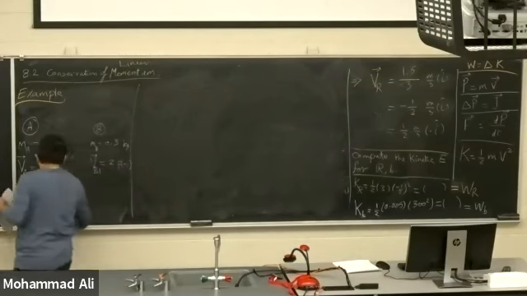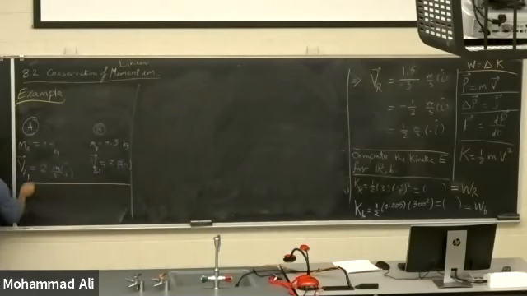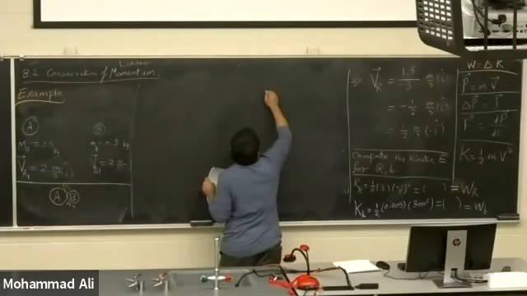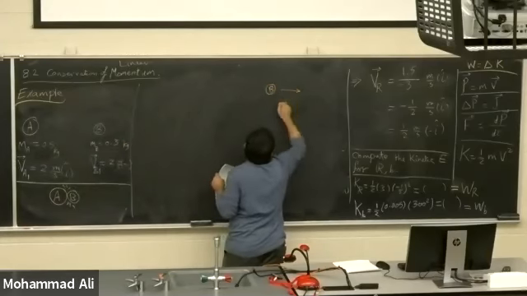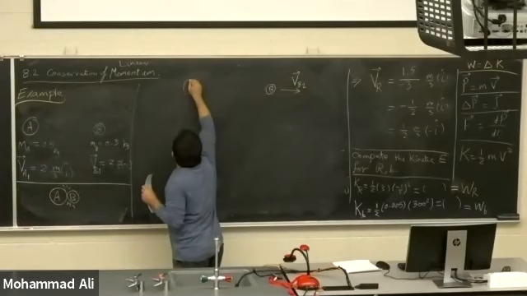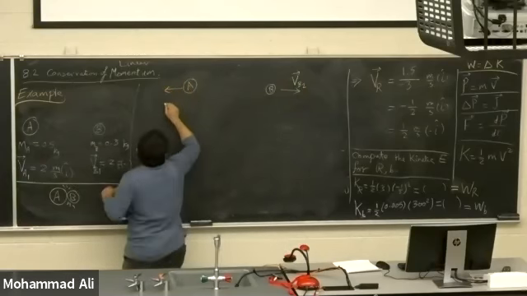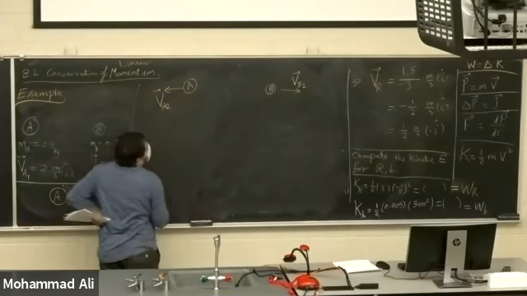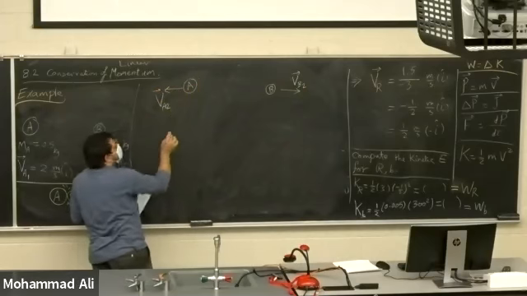Okay, then we have a collision. This is A and this is B, and they go away from each other. This is B with V B2, where 2 means after the collision, and this is A with velocity V A2 after the collision, with the same masses.